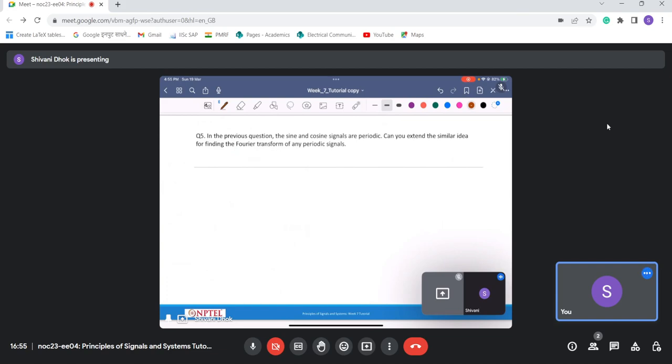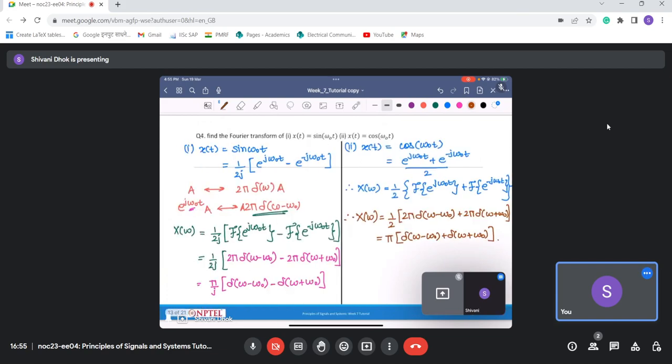Now, these sine and cosine functions are periodic functions, but we still found their Fourier transform. We represented them in complex exponential form and then found the Fourier transform. So can we extend this similar idea for finding the Fourier transform of any periodic signal?